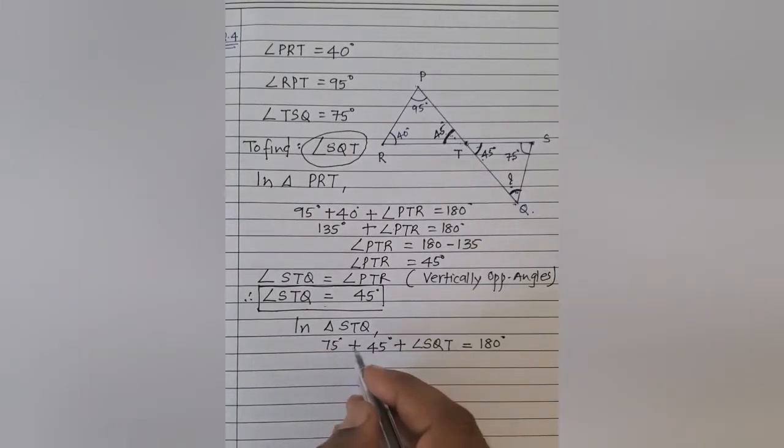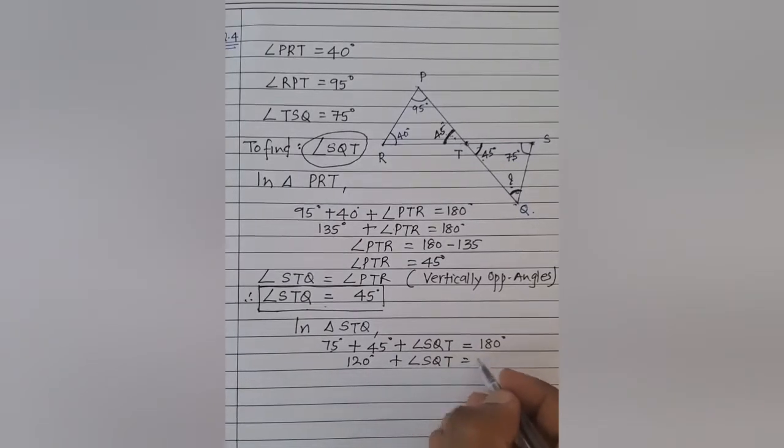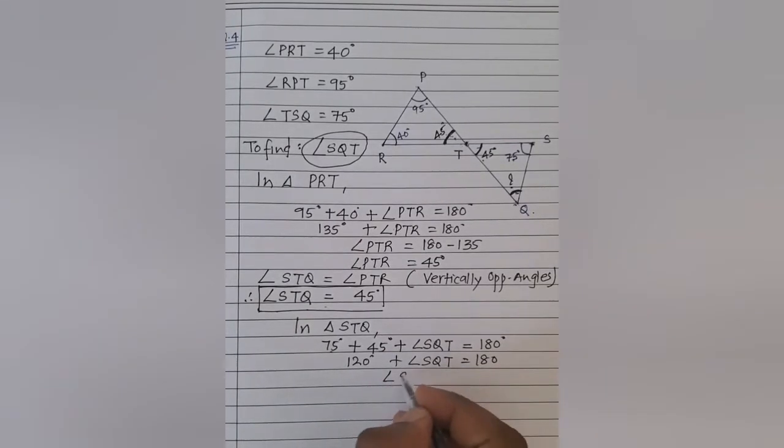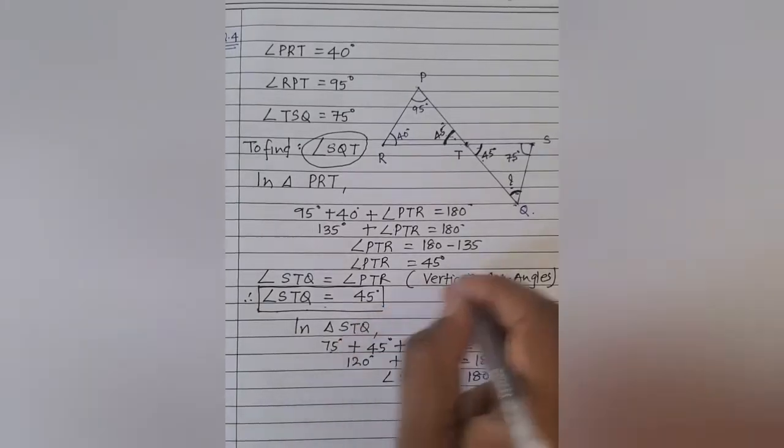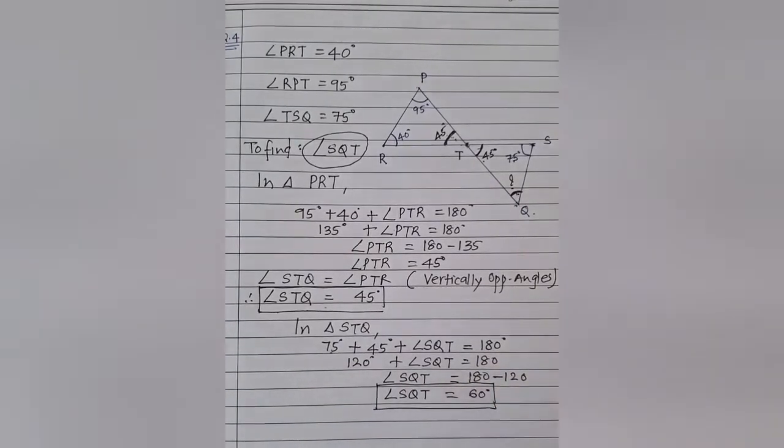So when I add them up, what do I get? 75 plus 45 happens to be 120 degrees plus angle SQT is equal to 180. So angle SQT will be equal to 180, 120 goes to the other side, becomes minus 120. Hence SQT is equal to 180 minus 120, which is 60 degrees. So this is the final answer.